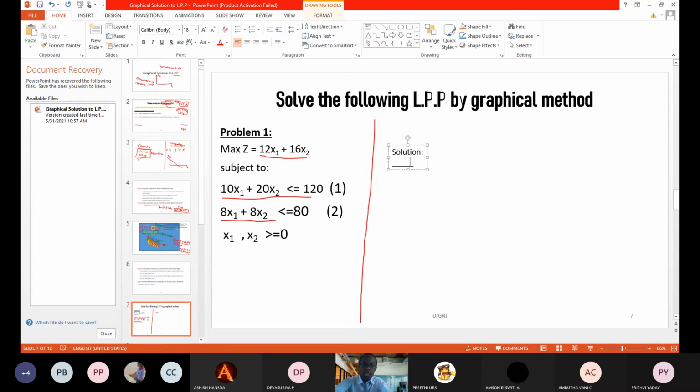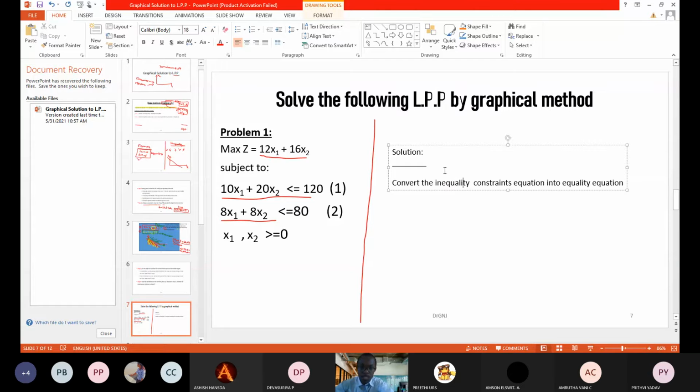To solve this one, we convert the inequality constraints into equality constraints.